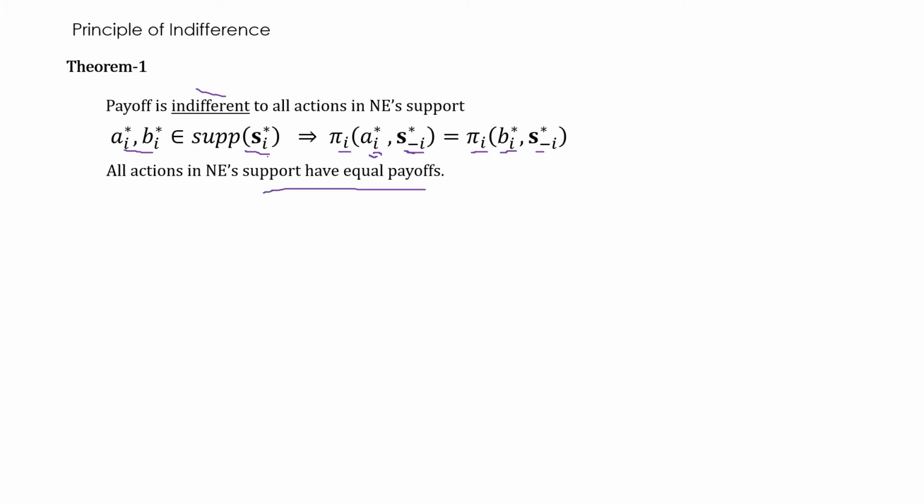In other words, all actions in the Nash equilibrium support have equal payoffs.